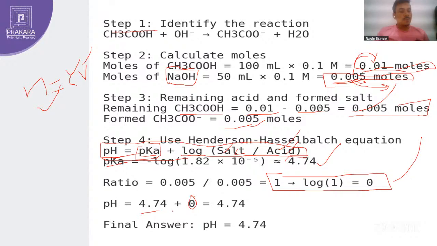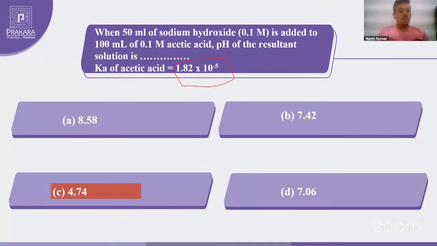So pH will be 4.74 plus 0, that is 4.74. So our final answer will be option C.